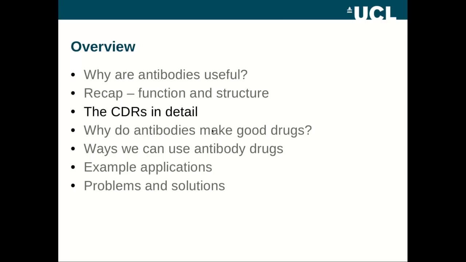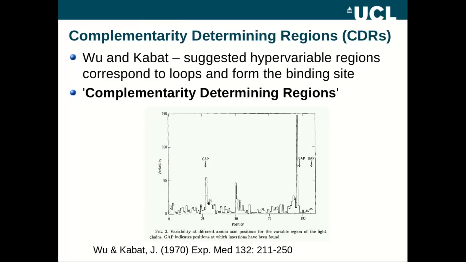So let's have a look at the structure of the CDR loops in a bit more detail. Now you'll recall from the previous lecture that Wu and Kabat back in 1970 looked just at the sequences of antibodies and identified, by aligning those sequences, these hypervariable regions 1, 2 and 3.